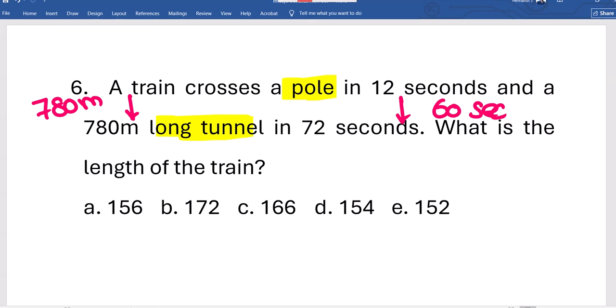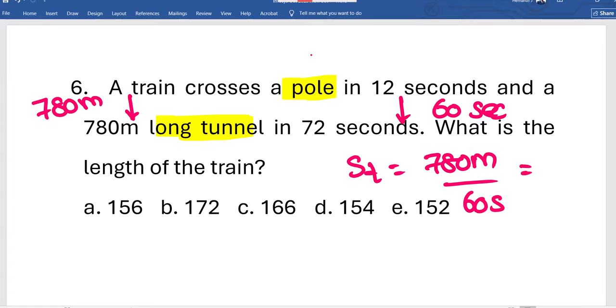See, the pole length is negligible. Train crossing a pole, train crossing a tunnel. The difference is nothing but the length of the tunnel only, 780 meters. So, what is the speed of the train? That 780 meters it is covering in 60 seconds, which means 13 meters per second is the train speed.